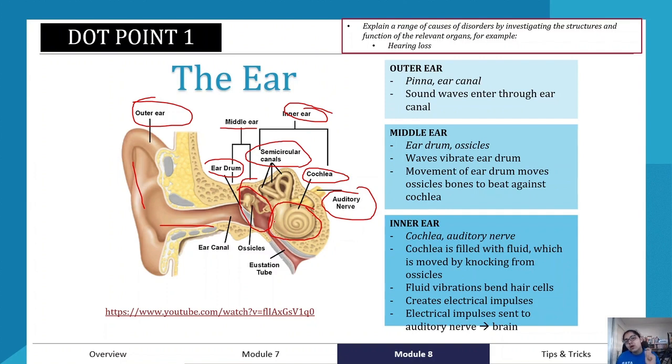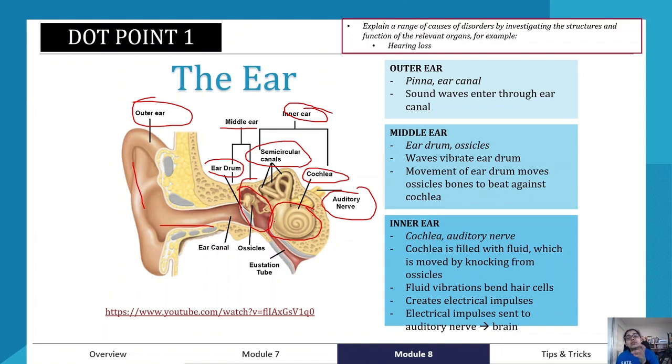Now the hair cells in the cochlea are the ones that actually take the sound waves, and there are lots of hair cells because they interpret the different frequencies of the sound, and then they convert the sound waves into electrochemical impulses.